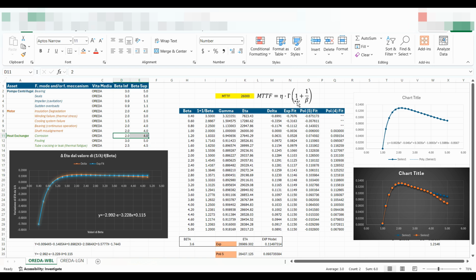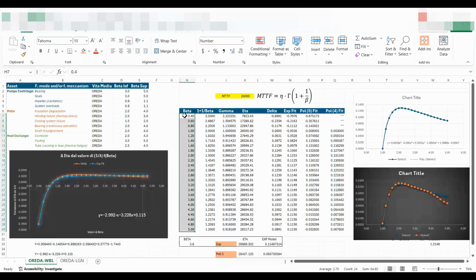So moving on here on the right, we have the formula for the mean life of the Weibull distribution. The mean life is eta multiplied by the gamma function of 1 plus 1 over beta. And what we've done, we constructed a table with a range of beta that is well within these values.